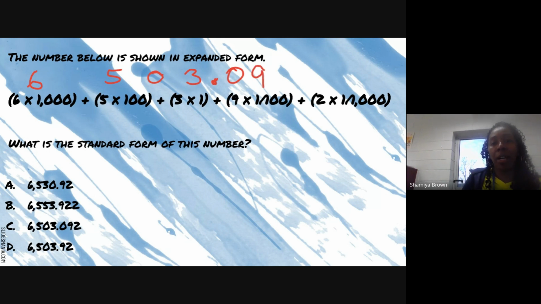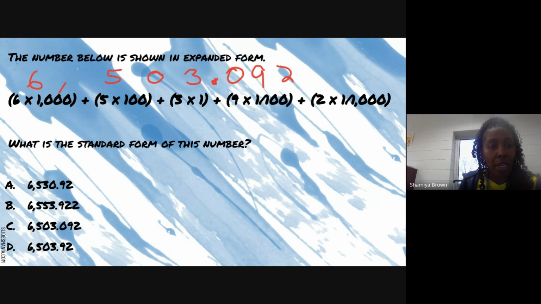And then for my thousandths place, I'm going to have a 2. So my number should look like that. It should be 6,503.092. So let's see which one matches that.